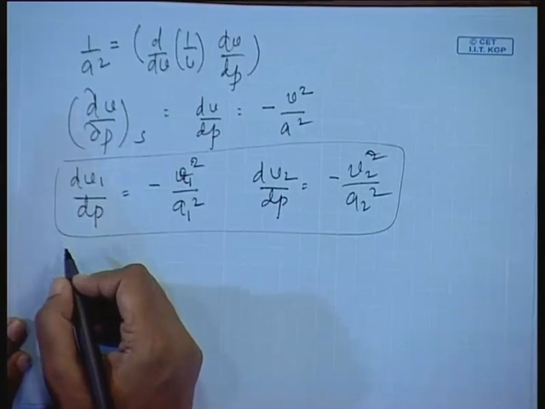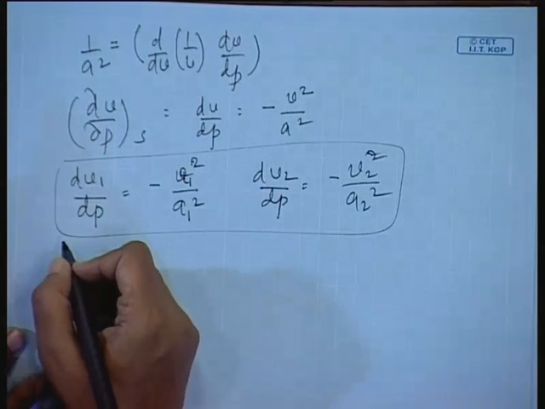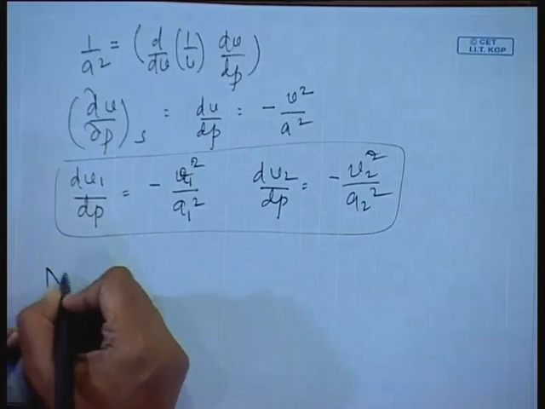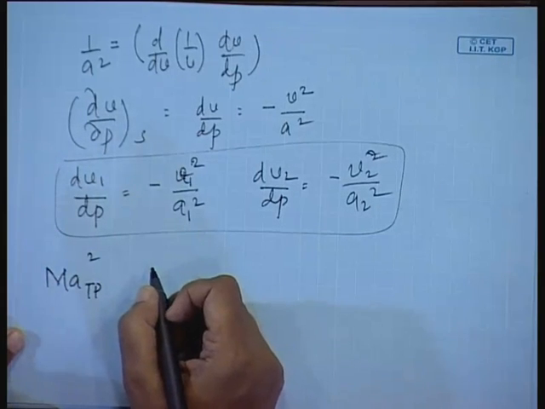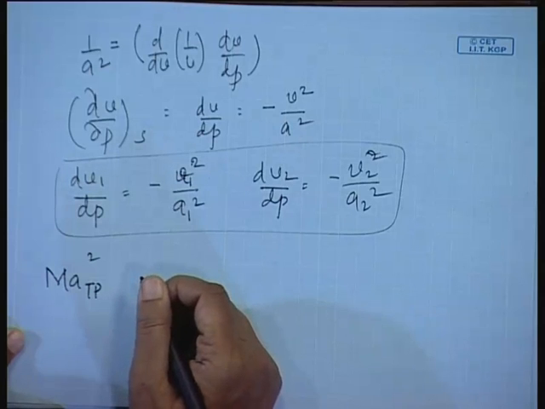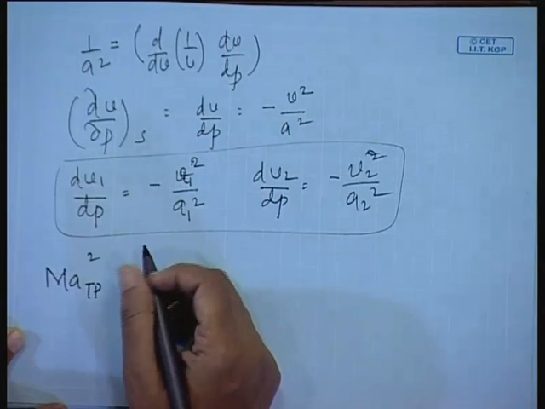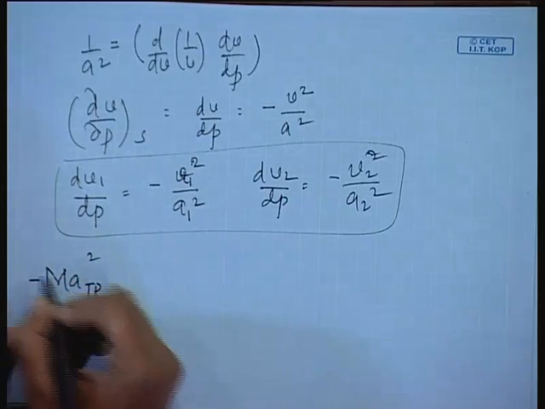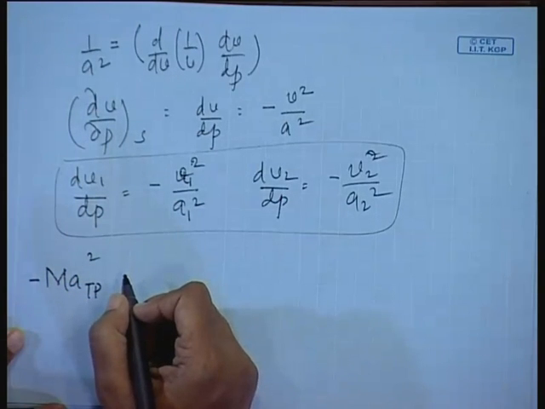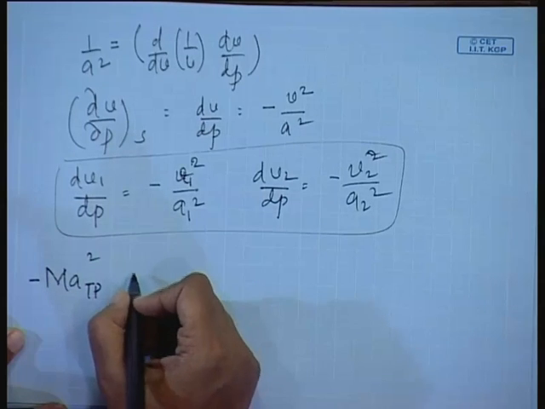Simply, if you make the substitutions, we get the Mach number of the two phase flow. Just make the substitutions and tell me what we are going to get. If I put minus Mach number square, then what are the things that I am going to get in this particular case?